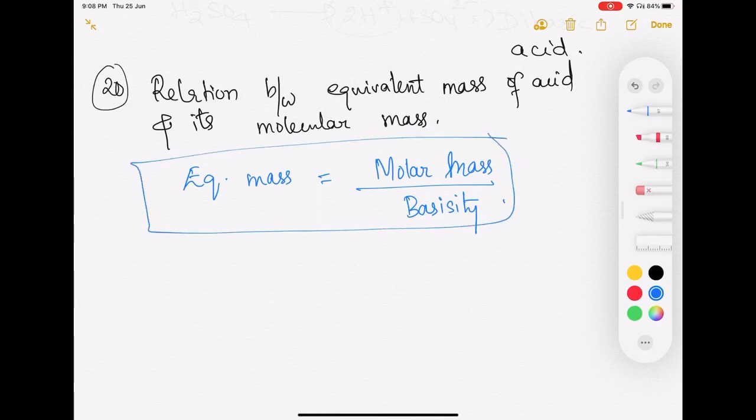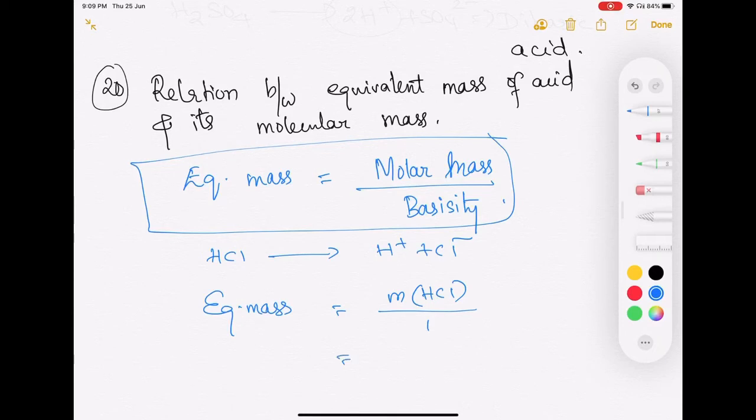For example, we can say equivalent mass of sulfuric acid or hydrochloric acid, anything. Hydrochloric acid, if I am telling, H plus and Cl minus ions are produced. So equivalent mass of hydrochloric acid is nothing but molar mass of hydrochloric acid divided by basicity. It is monobasic, so it is 1.